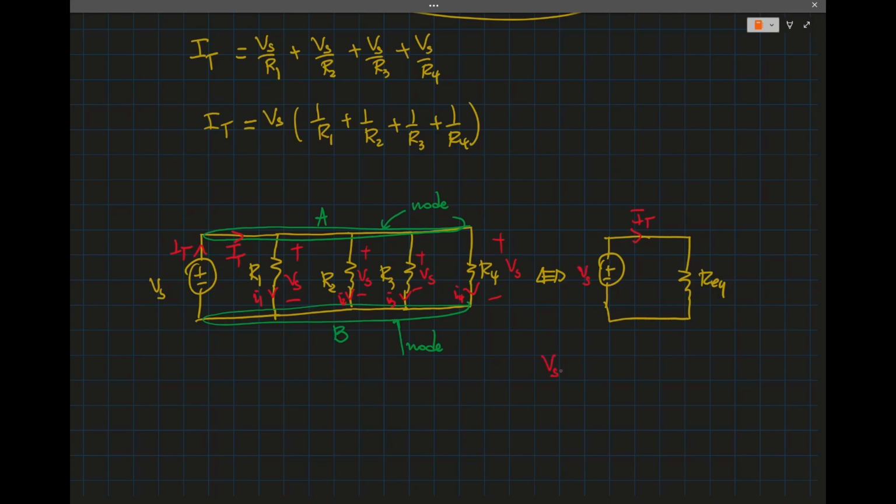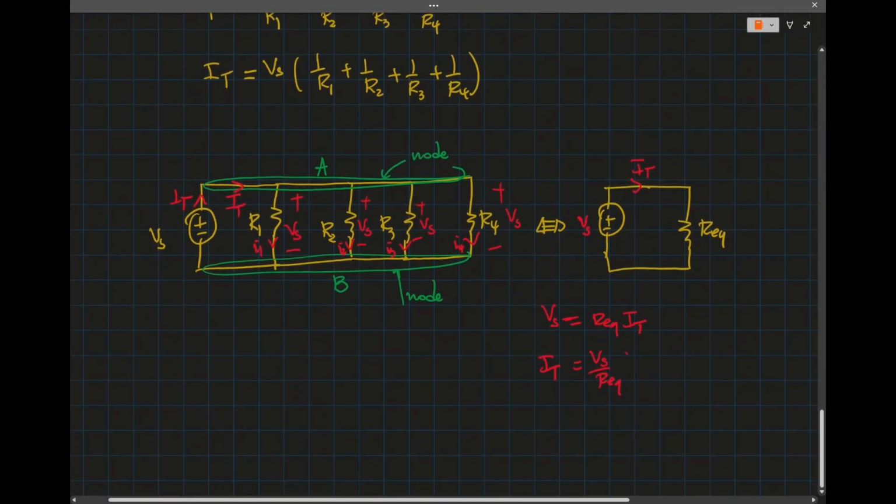So Vs will be equal to R equivalent times I total. Okay, so that means I total will be equal to Vs over R equivalent.